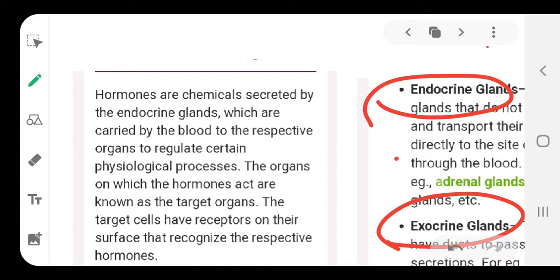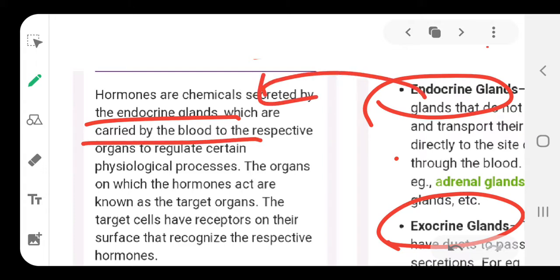Underline the definition of hormones. Hormones are chemicals secreted by endocrine glands and carried by the blood to the organs to regulate physiological processes. So they are transported by the blood to the respective site.